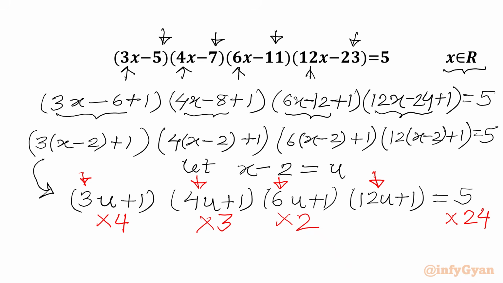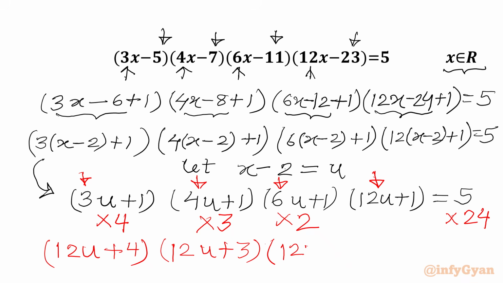Now we will write our equation: 12u plus 4 times 12u plus 3 times 12u plus 2 times 12u plus 1 equal to 5 times 24, which is 120.